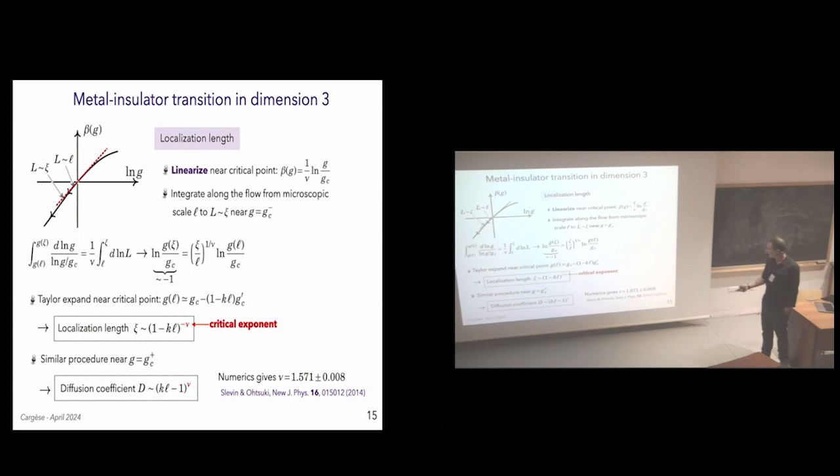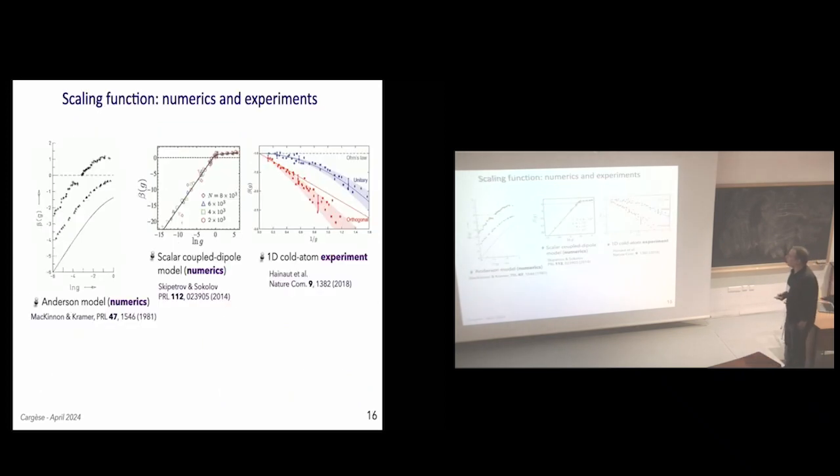I gave you this value because this is the most precise value I'm aware of. It was obtained from numerical simulations in the Anderson model by Slevin and Ohtsuki, who are really specialists. They spent their career measuring this nu, so this is, I would say, rather reliable.